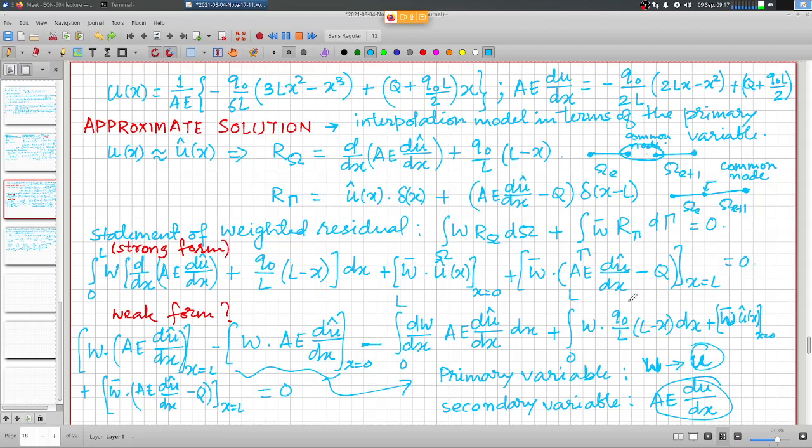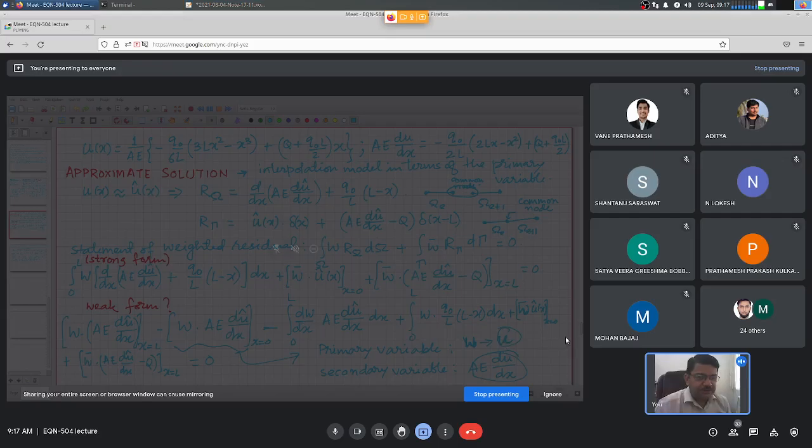So let's not worry about these boundary residuals. Boundary residuals will be taken care of at the stage of algebraic equations.